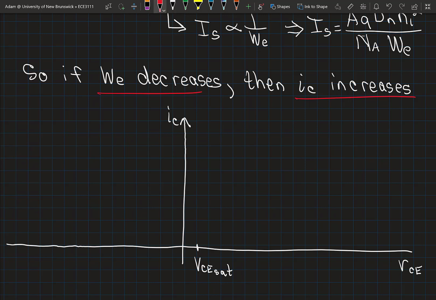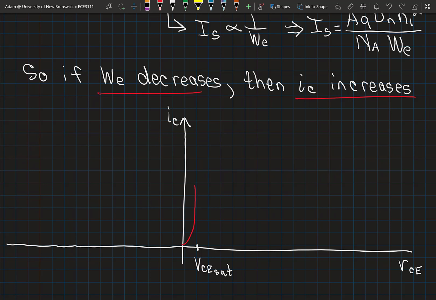Last day we came up with a characteristic that looked like the collector current was completely unrelated to our collector to emitter voltage, right?